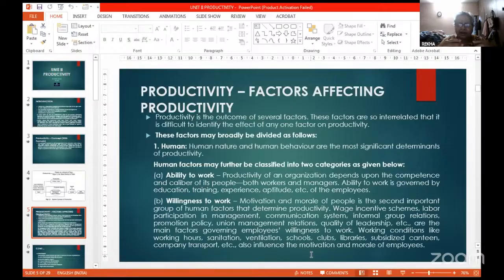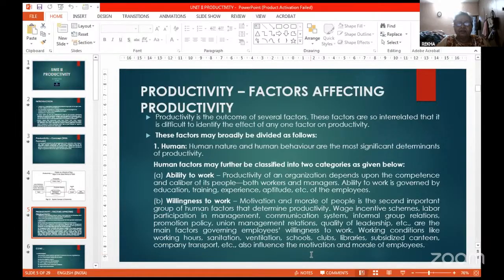Machines are all right, they are helping us, but the ultimate result will depend upon how the human beings working in that organization are handling things, how they are handling the machines, how they are getting maximum profit from the resources that they are utilizing, because there is a very strong constraint on the resources. So how you utilize those resources in the most effective manner will be the greatest factor affecting productivity.